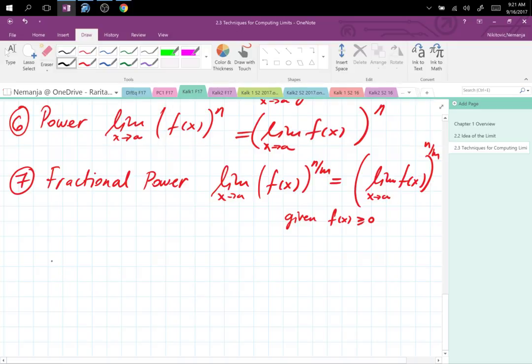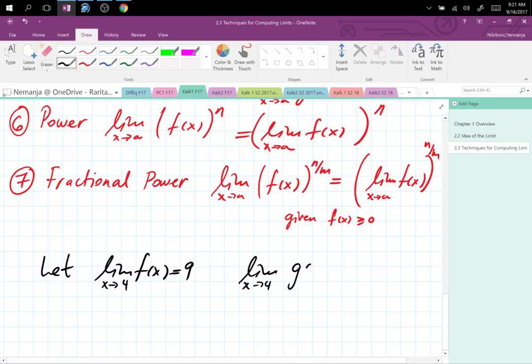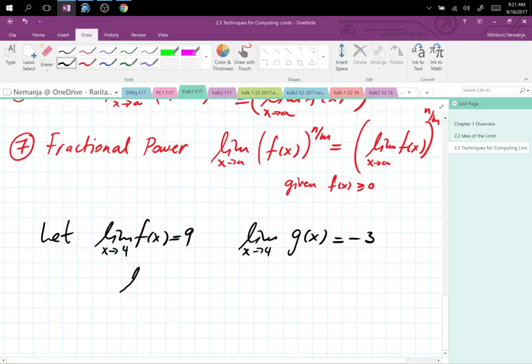Say you have, let the limit of f of x be 9, the limit as x goes to 4 of g of x be -3, and the limit of h of x as x goes to 4 be, whatever, 2.